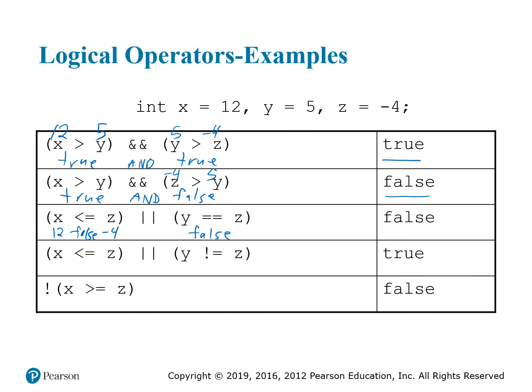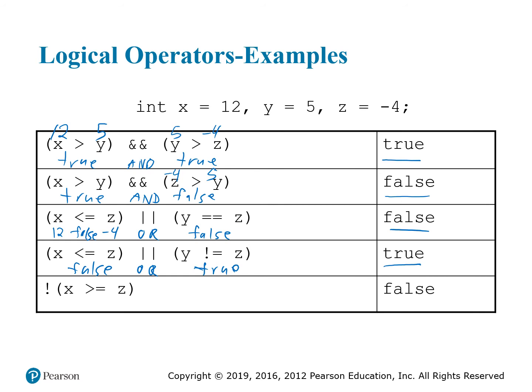If both sides of an OR are false, then it's false. Y does not equal z, so this is still false here, but y not equal z is true. If either side of an OR statement is true, then the whole thing is true. Okay. What if they're both true? Still true.